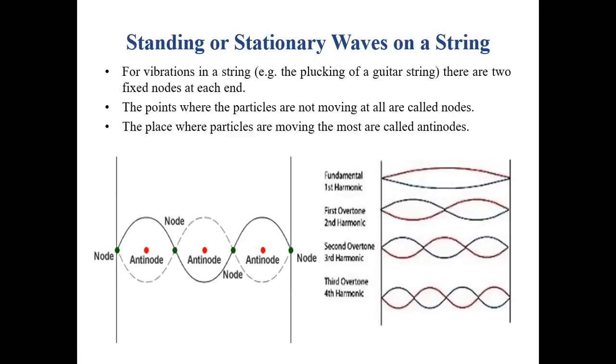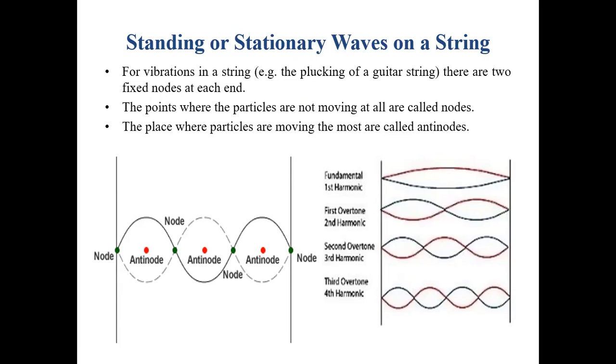The best example for standing or stationary waves is a guitar string. Whenever the guitar is played, there will be vibrations between the sending end and the receiving end. In this vibrating string, there will be two nodes, one at the starting point and one at the ending point.